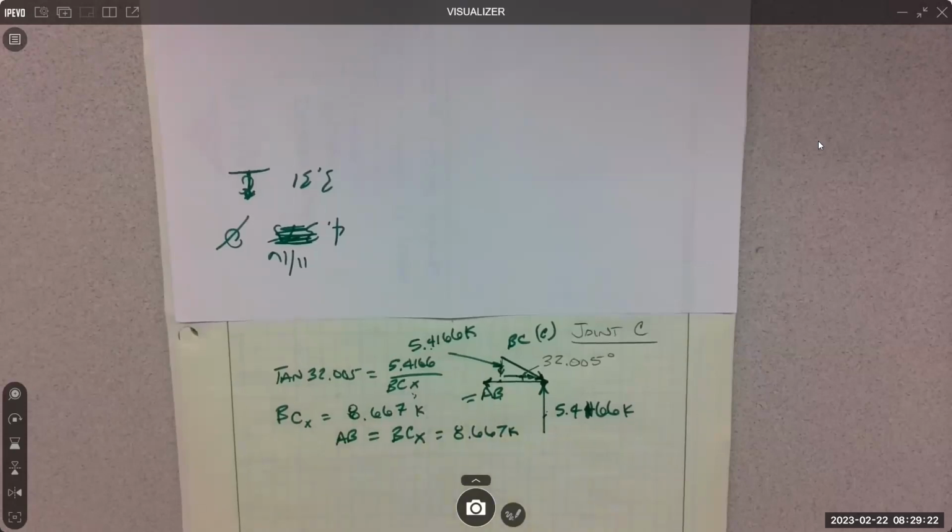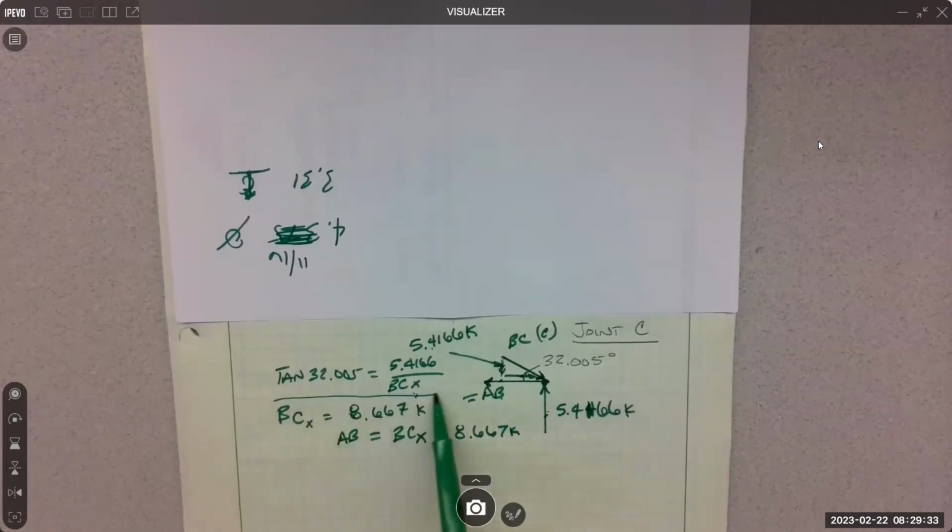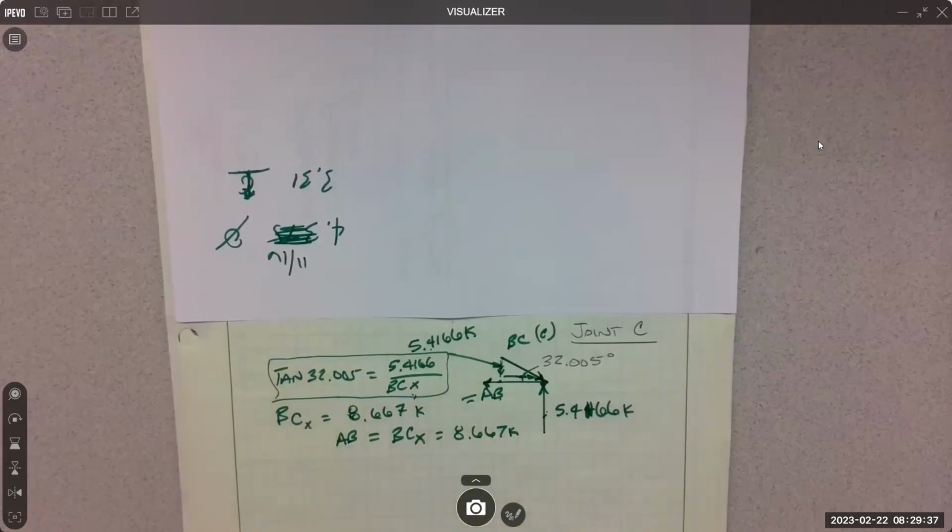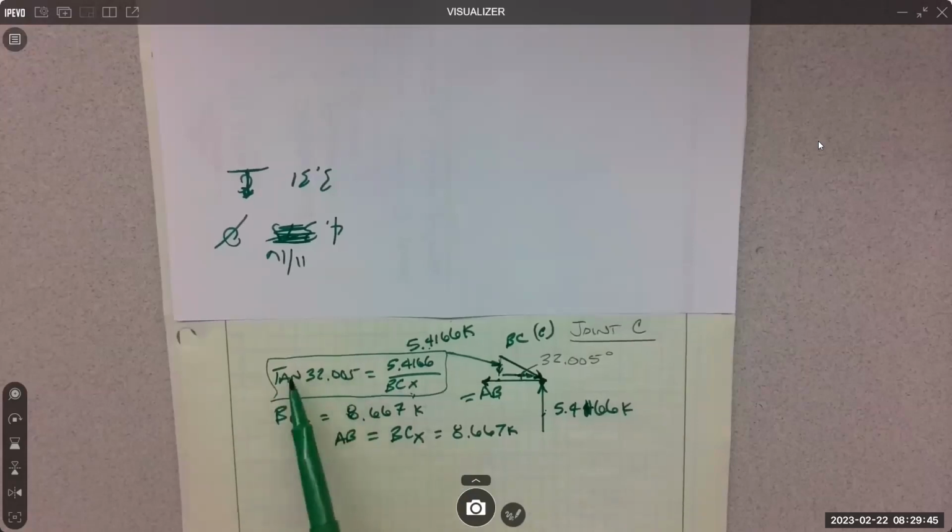You did 5.4166, tangent 32, correct. How do I solve this? You'd multiply both sides by BCX, correct? And then how do I get rid of the tangent 32? Divide both sides by tangent 32.